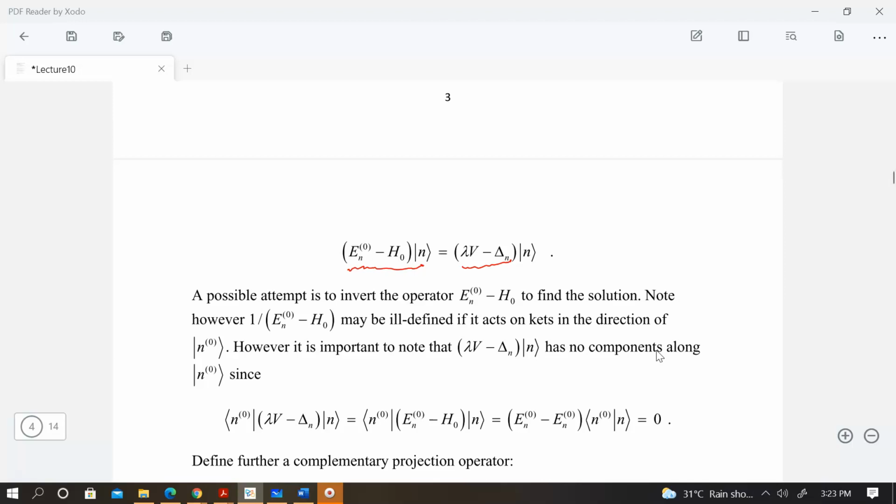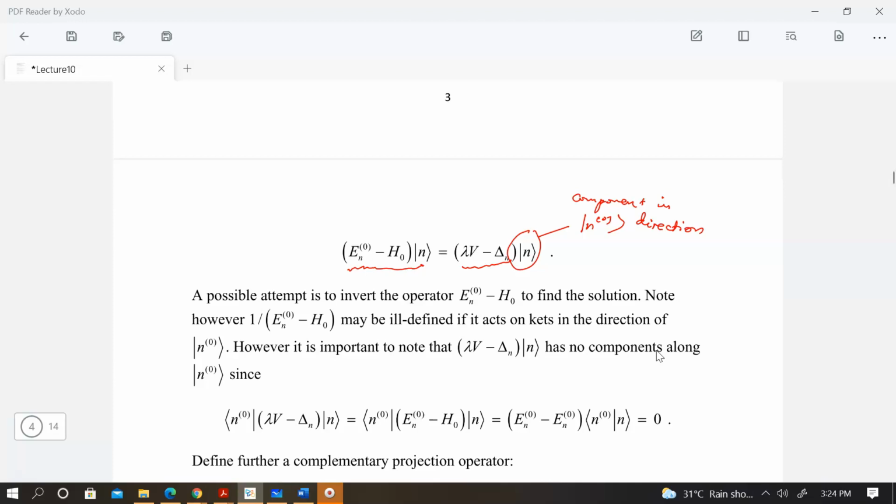Unfortunately this is not as simple as that, because when you have this at the denominator, there's a possibility that this ket n might have a component in the n naught direction. And when that happens, when your h naught acts on n naught, it will give you en naught.